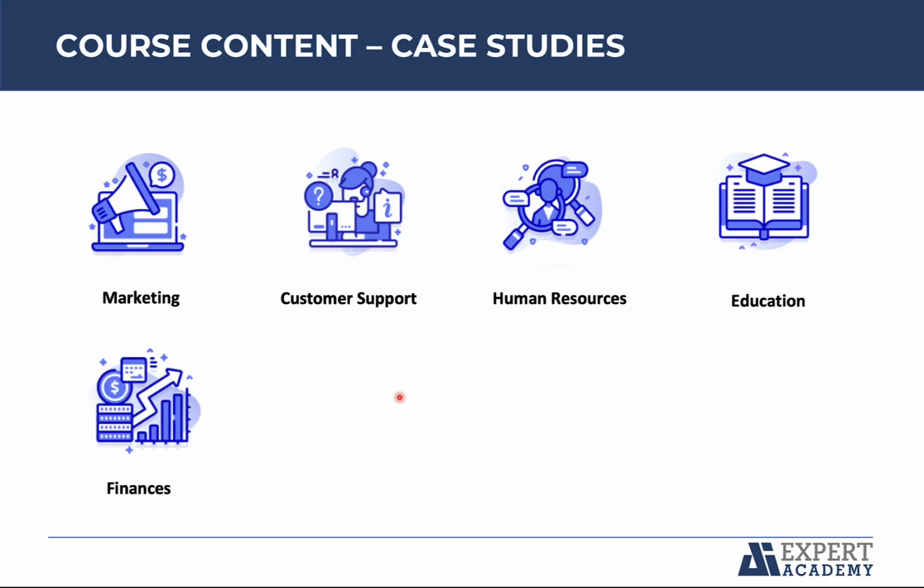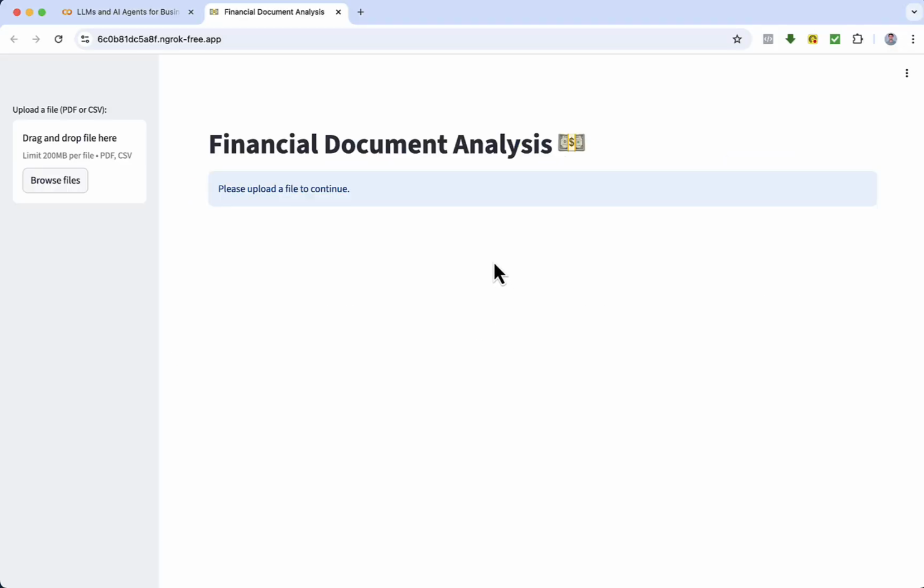Project number 5 is about finances. Here we have the graphical interface of our solution, which is capable of interpreting extensive documents like reports and financial spreadsheets, generating summaries and answering specific questions clearly.